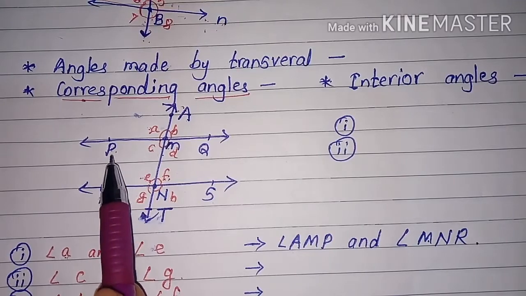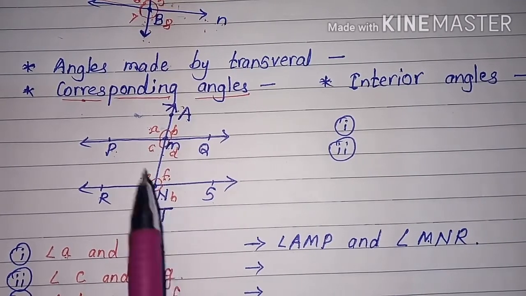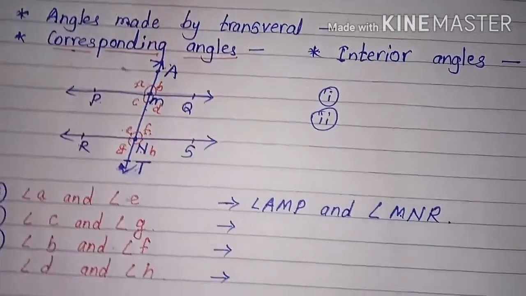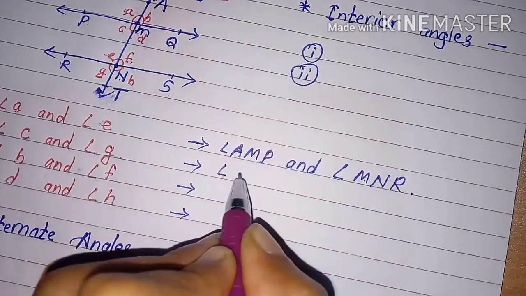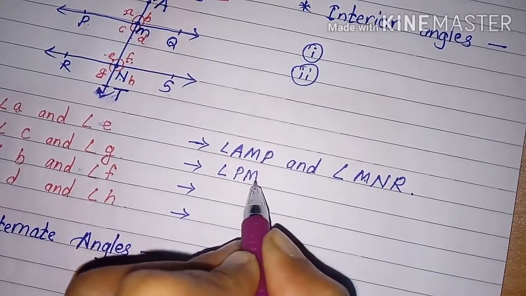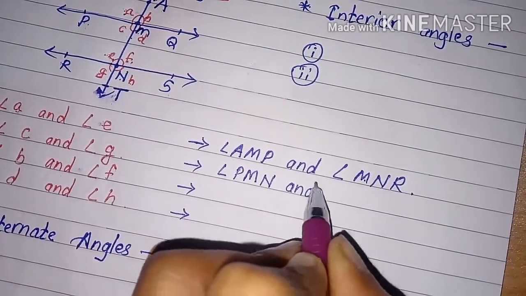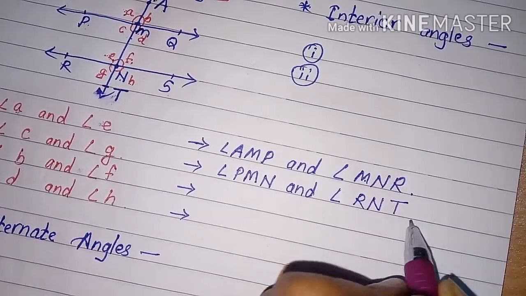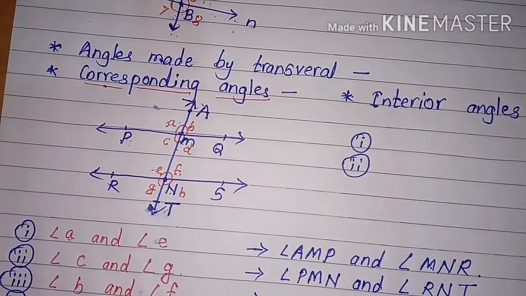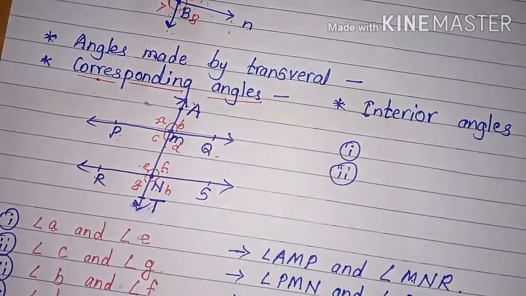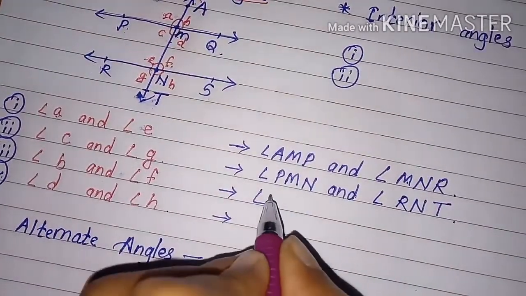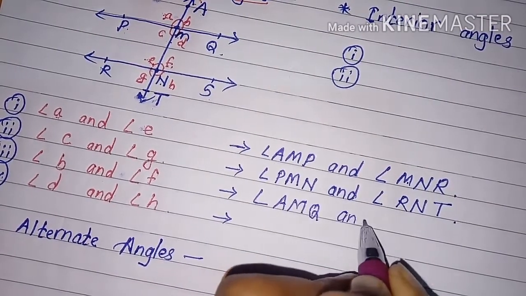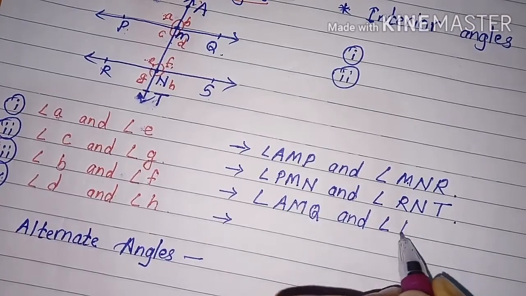Now angle C and G: angle PMN and angle RNT. Write down here: angle PMN and angle RNT. Now the third one is angle B and angle F: angle AMQ and angle MNS.